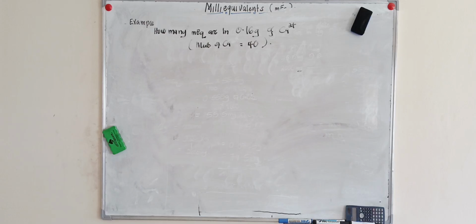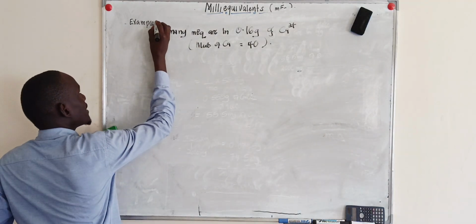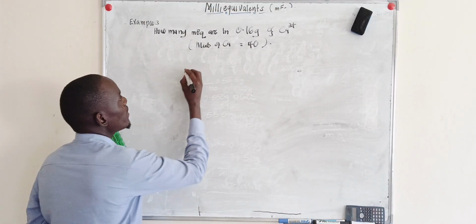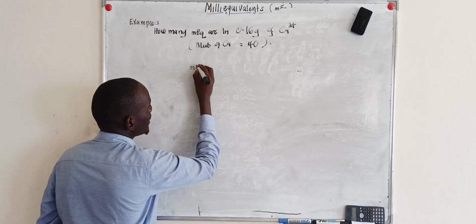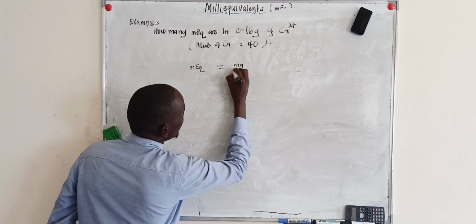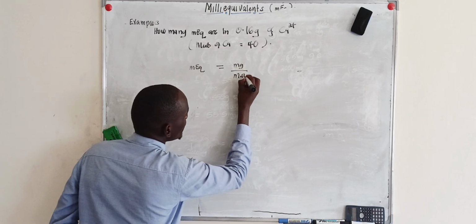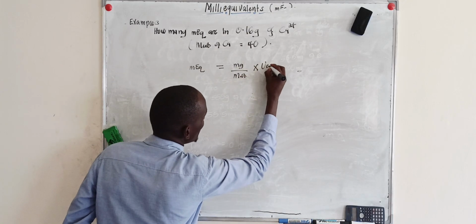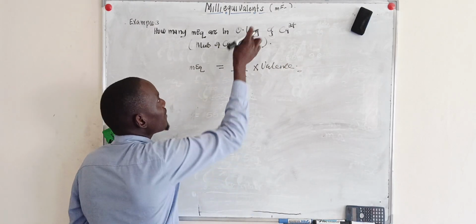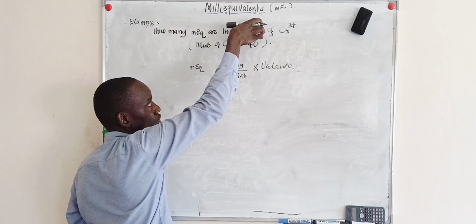In our third example, let us try to use the formula. We know from our formula, milliequivalent is given by milligrams over molecular weight times valence. But remember, they have given us the mass of calcium chloride.